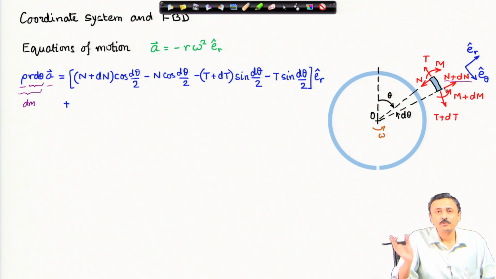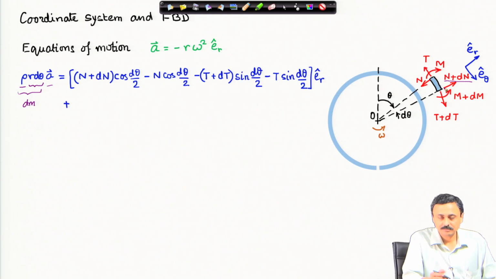Therefore, this shear force will have a component in the e_r cap direction, at an angle d theta by 2, and cosine d theta by 2 will measure that component. Therefore, (N plus dN) cosine d theta by 2 is the component of N plus dN in the r cap direction. Similarly, on the theta face where the shear force is N, we have it in the direction of negative e_r. Therefore, this negative sign comes, and we again have cosine d theta by 2 as the component.